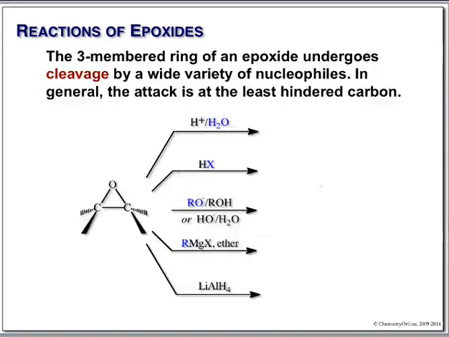Start off with an epoxide. We put it in fairly strong acid in water. What we'll do is we will ring open here. Water will be our nucleophile, and we will make a 1,2 diol. Now way back in chapter 6 again, we learned how to make 1,2 diols, didn't we? Out of alkenes. We did that with permanganate or osmium tetroxide.